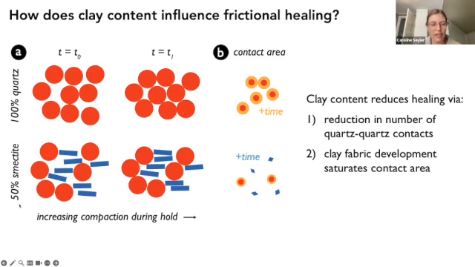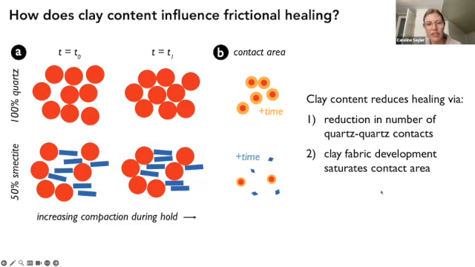While in the clay-rich sample, you saturate your contact area really quickly. So as the clay fabric forms and you align all these individual clay minerals, the clay-clay contacts are not able to grow in contact area the same way that the quartz contacts are because of that alignment and that platy shape. So you end up saturating the contact area and limiting the amount of healing you're able to achieve.